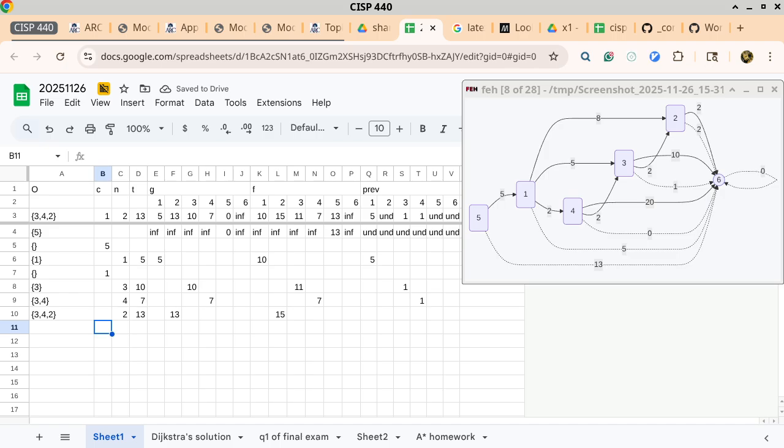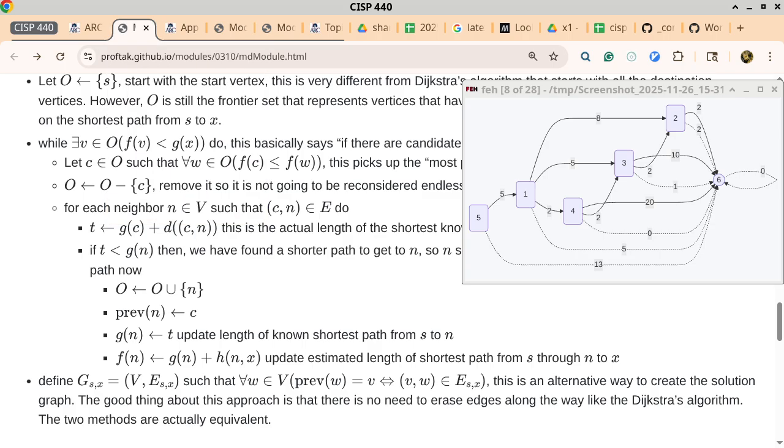We go back to the beginning, which is the while loop. When we go back to the while loop, we're asking that very same question: is there at least one vertex in O such that the f value of that vertex is less than the g value of the destination? We know the destination is vertex 6, so we're actually just trying to say it's g of 6.